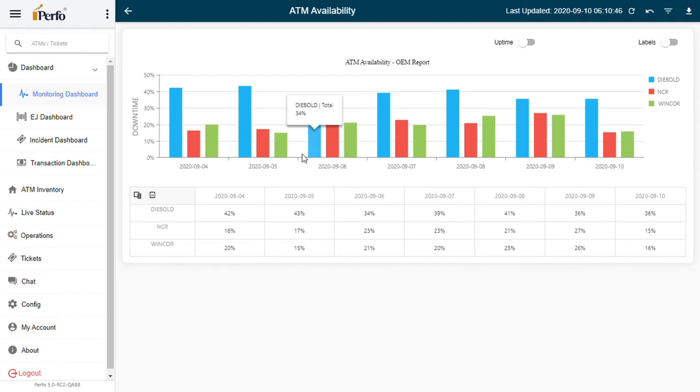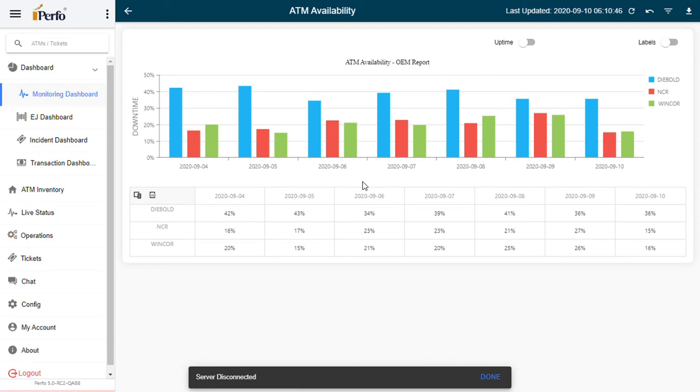Just for illustration purposes, here the system is showing that Diebold ATMs have relatively higher downtime than NCR and Wincor ATMs. I'm repeating, it is only for illustration purposes. Maybe the bank purchased 50 new machines from a new vendor, and you want to see whether those 50 machines are better than your older set of machines.